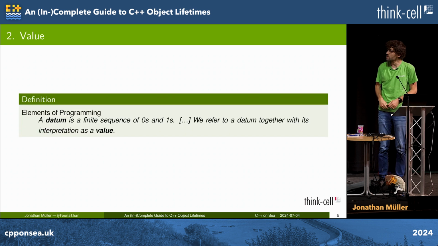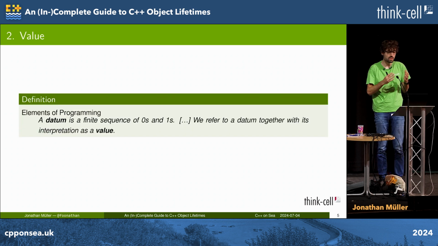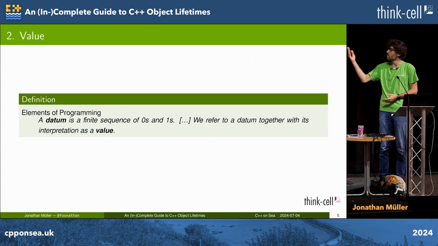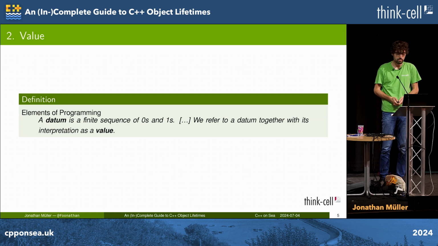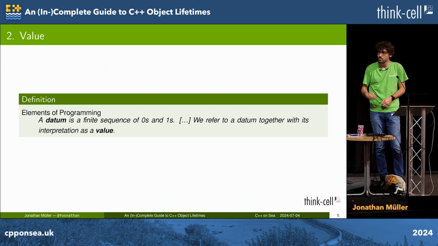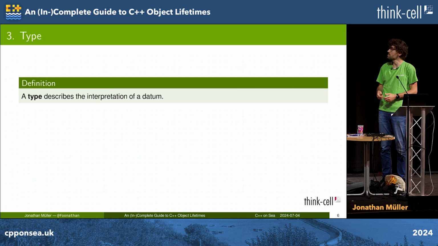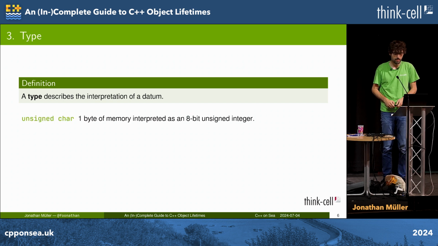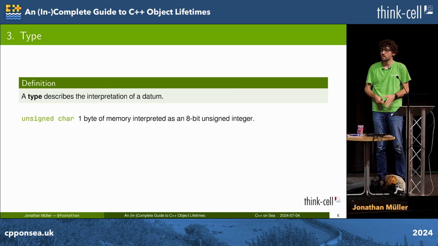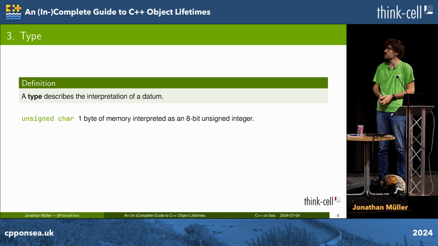A good definition of value comes from Elements of Programming. We've got the datum, which is a finite sequence of zeros and ones. And then we interpret that datum, those raw bits, and that then defines the value. And who decides this interpretation? Well, this is the type. A type describes the interpretation of a datum. So for example, the type unsigned char says we need to take 1 byte of memory, so the datum is 8 bits wide.